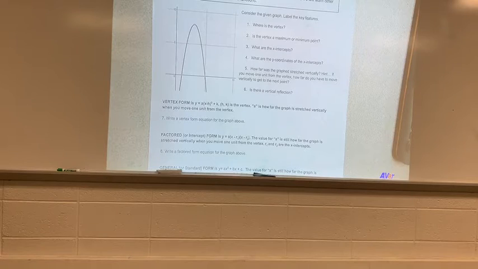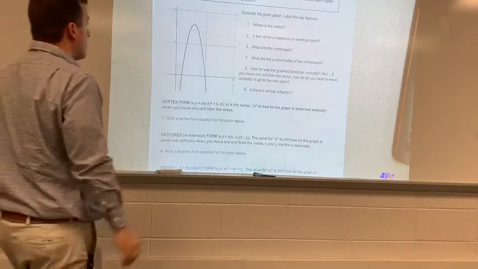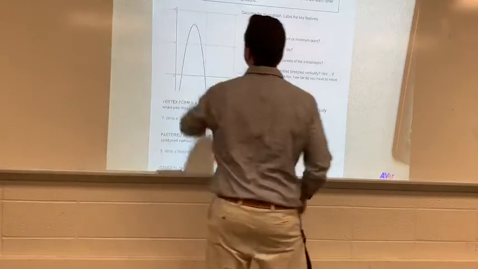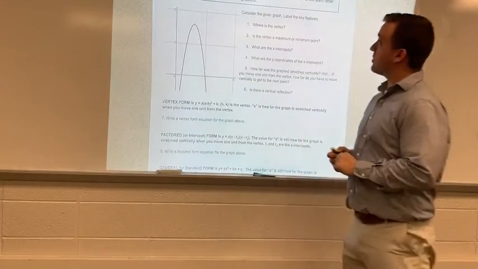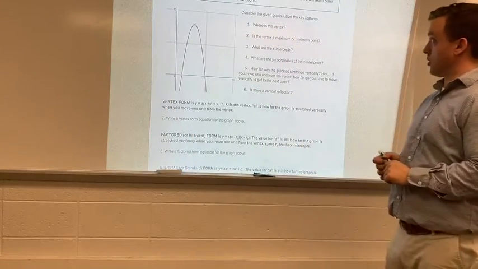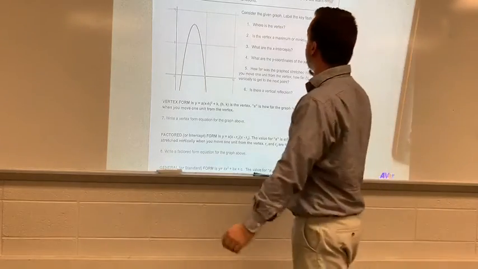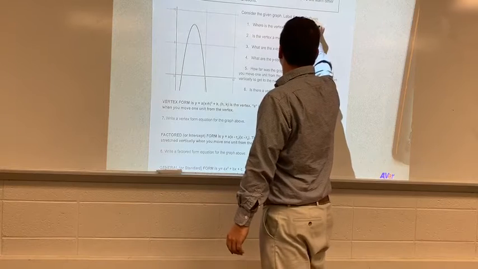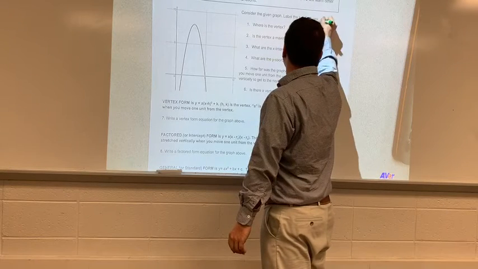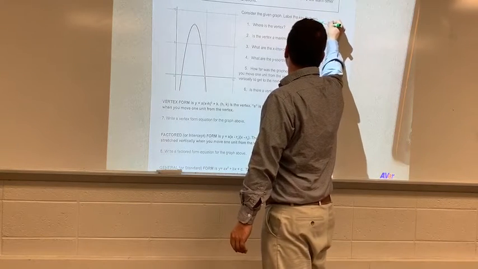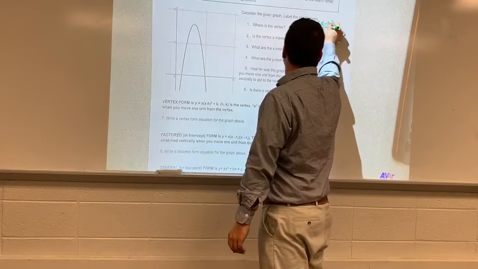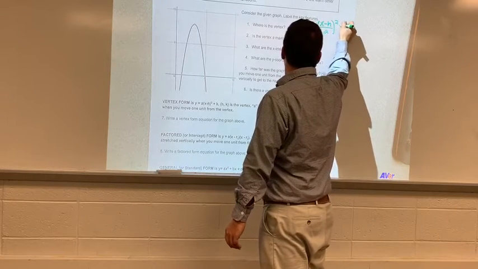Okay, ladies and gentlemen, we're going to go back to chapter 3 a little bit and talk about some of the things that we have learned. So first, we use the formula y equals b times x minus h over a squared plus k.